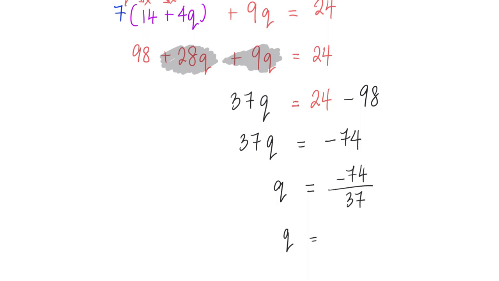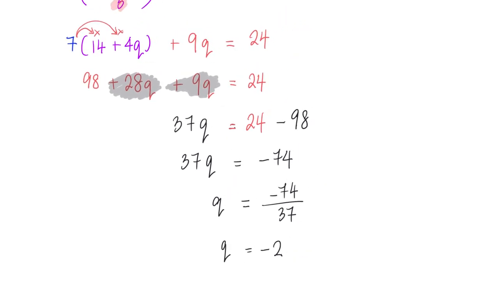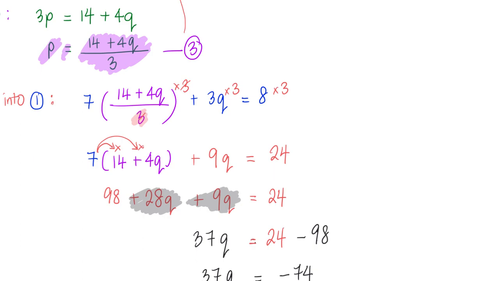So final answer, q is negative 2. And once we get q equals negative 2, then we just need to substitute back into the equation 3. So I'm going to write on the other side here.